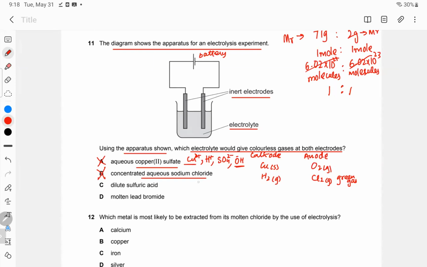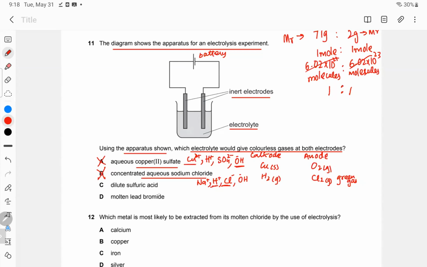In case of aqueous sodium chloride, I have a sodium ion, a hydrogen ion because aqueous, a chloride ion from sodium chloride, and a hydroxide ion because it's aqueous. Because it's concentrated, chloride reacts at the anode, forming chlorine, and hydrogen at the cathode, because hydrogen is less reactive than sodium. It is lower in the reactivity series.